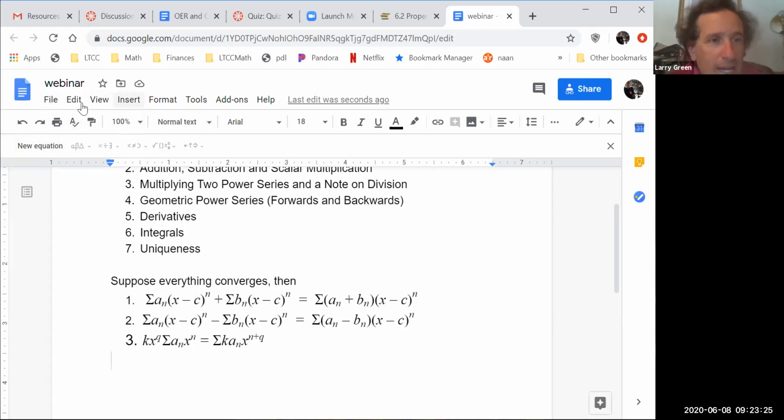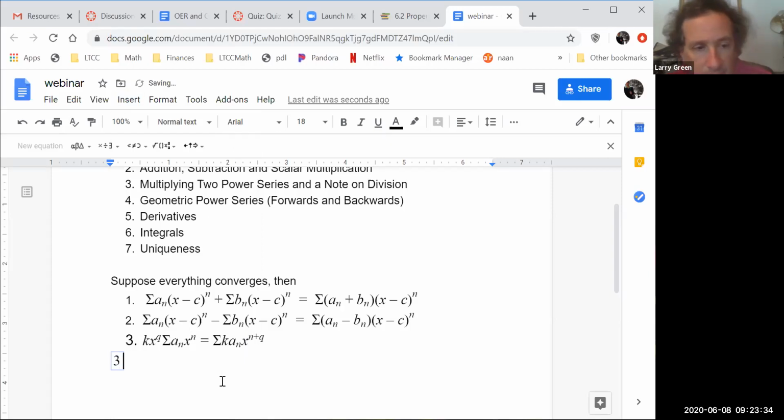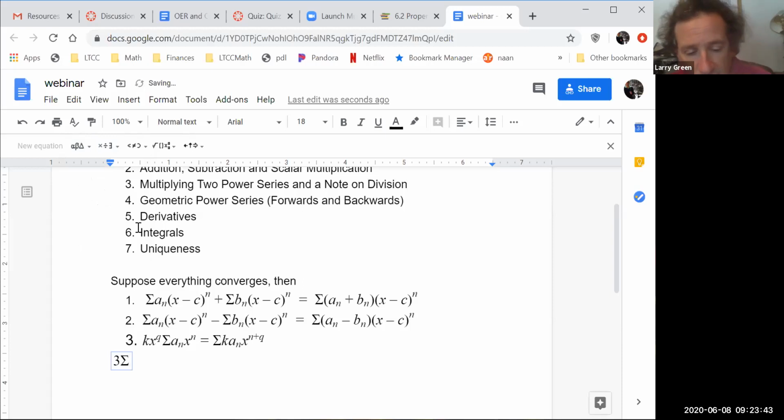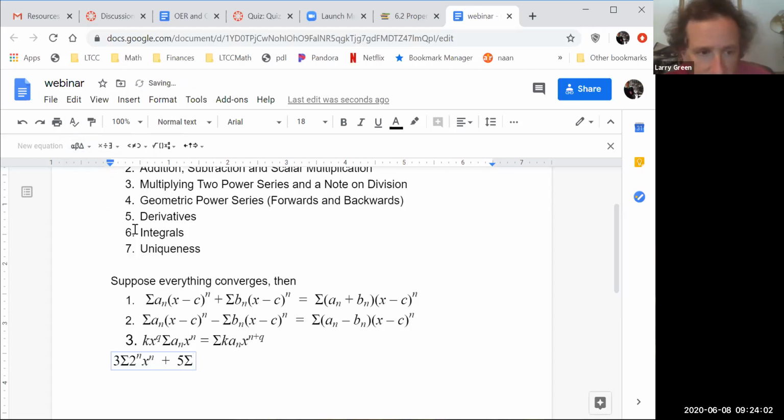So let's suppose we had 3 times the summation of 2 to the n, x to the n, and then plus 5 times the summation of, how about 7 to the n, x to the n.